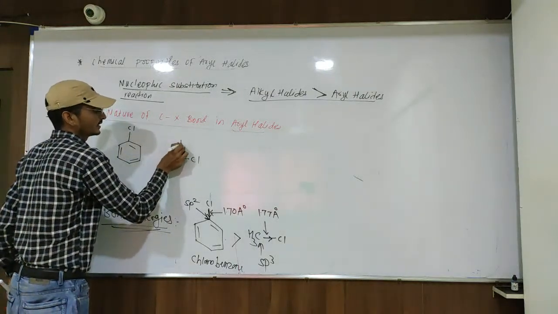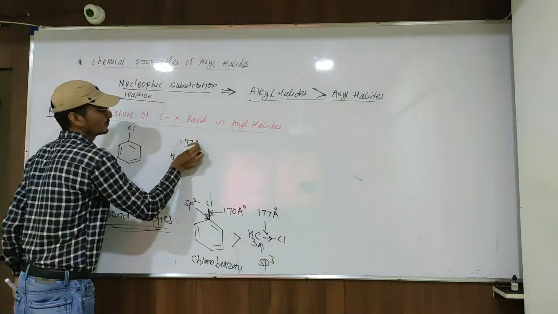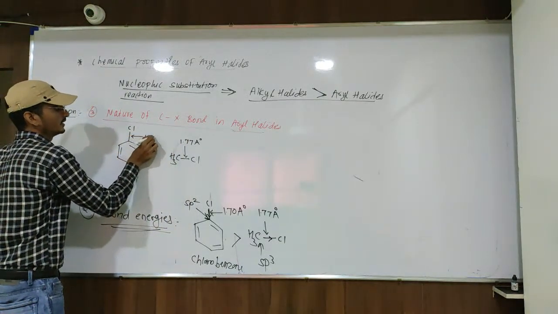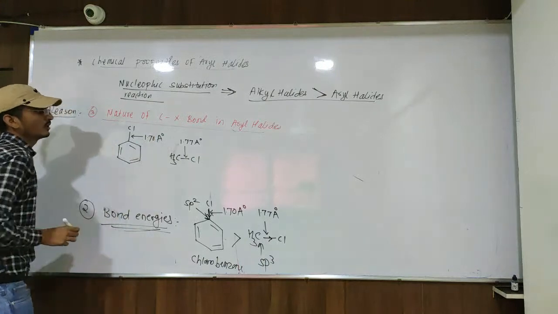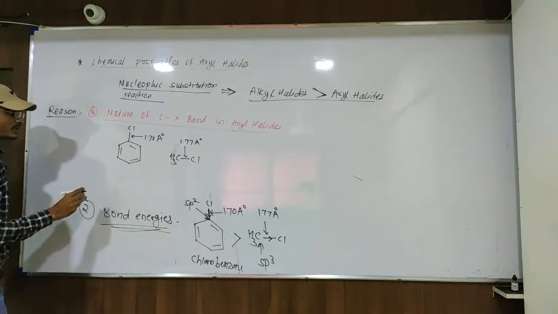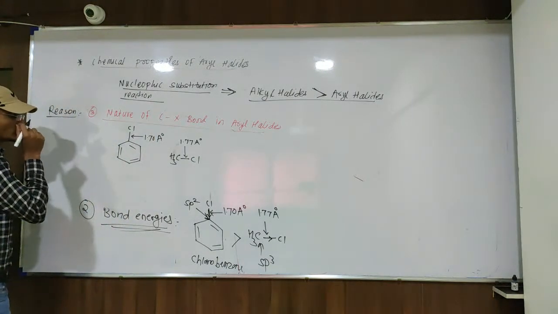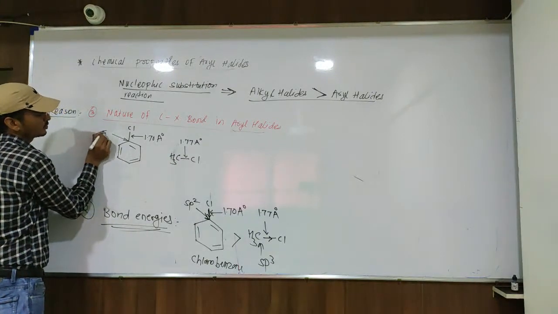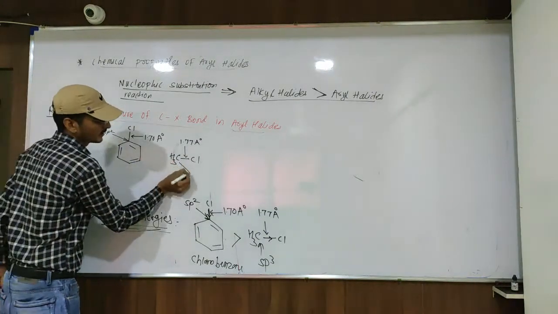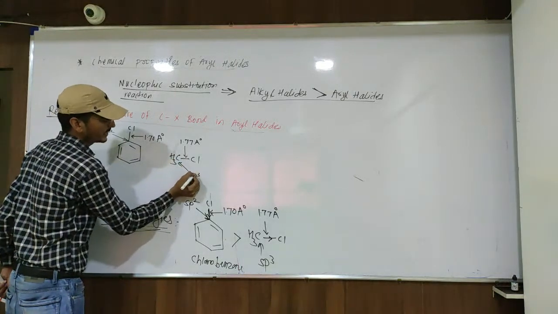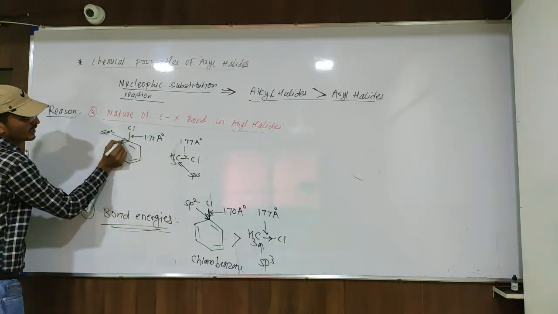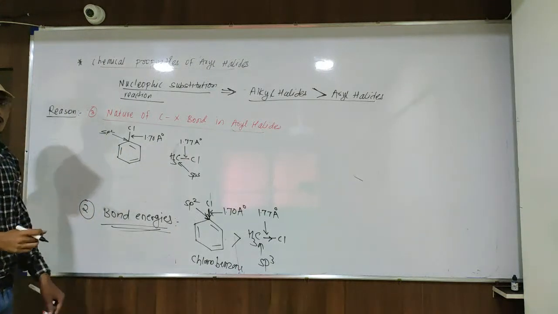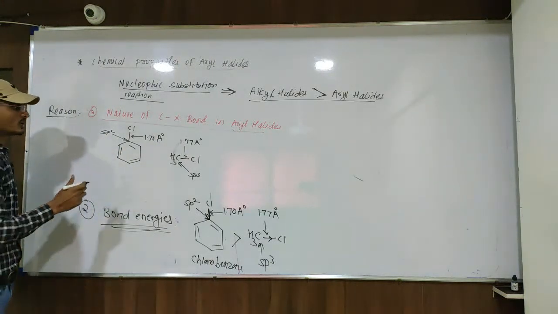Again we write the bond length: 1.77 angstrom here, and in this case 1.70 angstrom. What about the polarity? Here the carbon is sp2 hybridized, and here the carbon is sp3 hybridized. Which carbon is more electronegative? The sp2 hybridized one, because as s character increases, the electronegativity of that carbon increases.